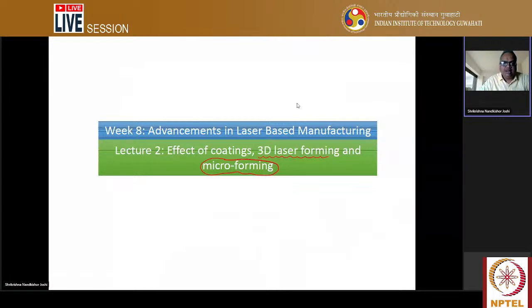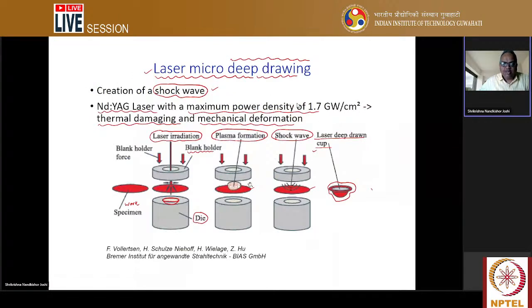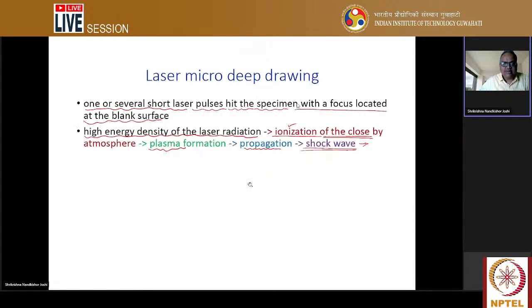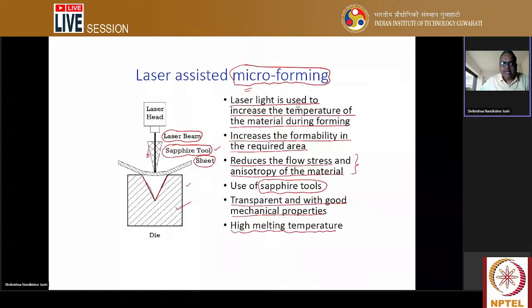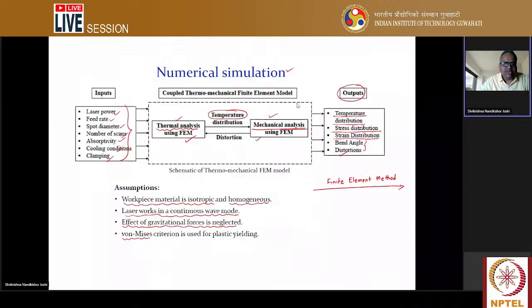So coatings are very helpful to establish lasers, particularly in the industry. 3D laser forming in depth we have seen, laser micro deep drawing for micro-level component manufacturing, and laser-assisted microforming. In addition to this, we also discussed the finite element method based numerical simulation, how we can have the numerical simulation of lasers.